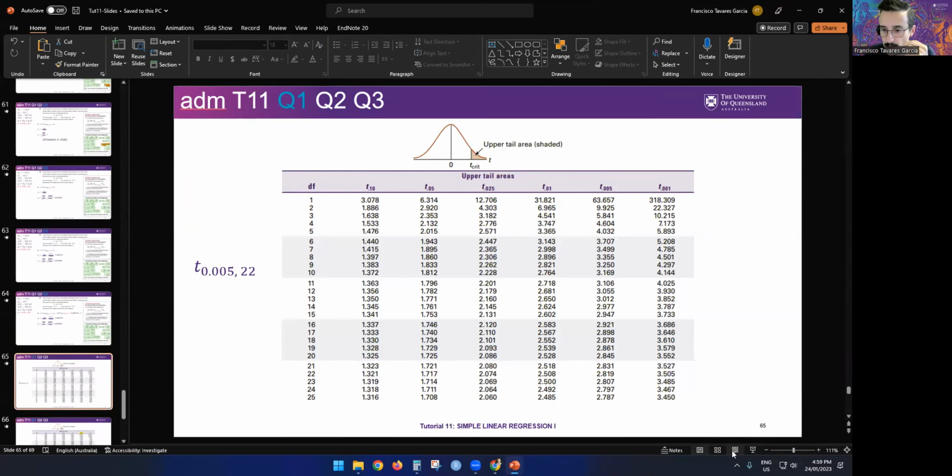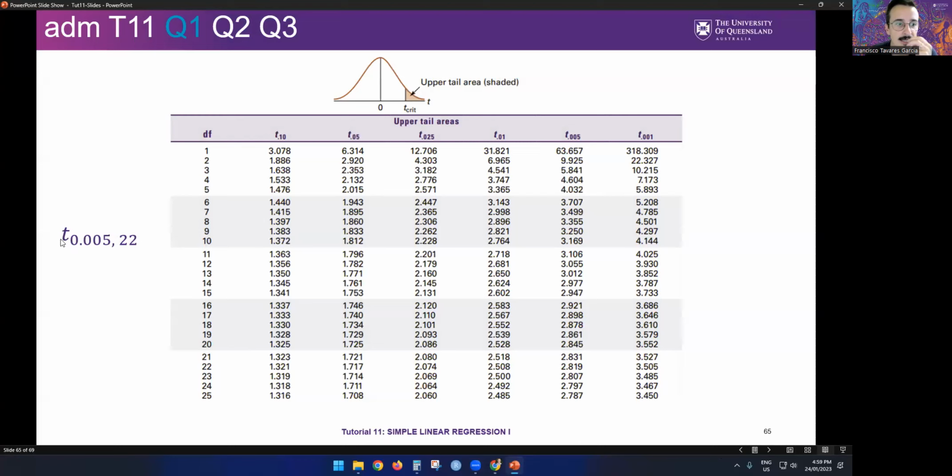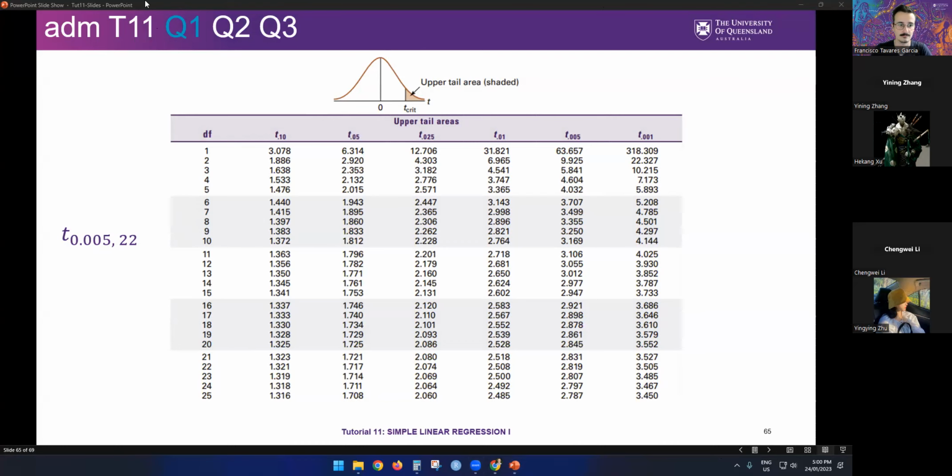So let's come back to our reading view. Can you guys give me a hand? So 0.005 and 22 degrees of freedom. Can I please have it on chat? 0.005 and 22 degrees of freedom.